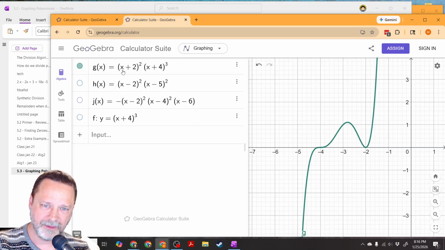And the way roots with multiplicity work: if there's odd multiplicity, like here at -4, it goes through the x-axis. If it's even, it's just going to touch it.